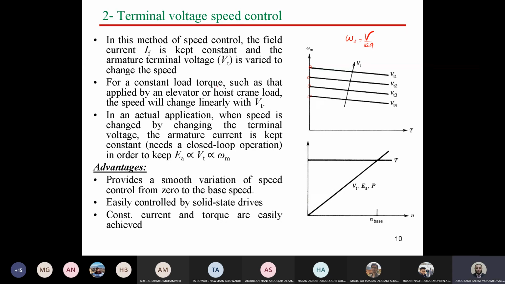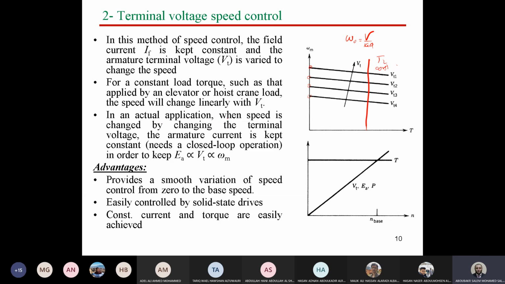For a constant load torque, so if we consider constant load torque like that, guys, this is now the torque load, constant. For a constant load torque, such as that applied by an elevator or hoist, the speed will change linearly with Vt. There will be a linear change in speed.